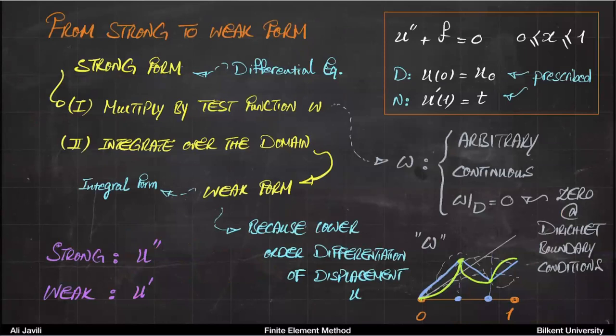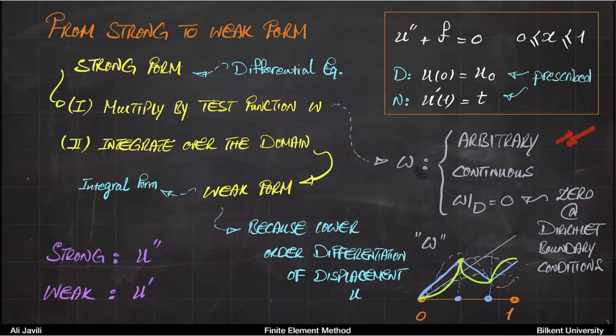So let's say you have that strong form, and now you want to derive the weak form. In order to derive the weak form, the first step is to define your test functions, how you want to test your strong form, basically. For that, we use a particular family of these test functions.